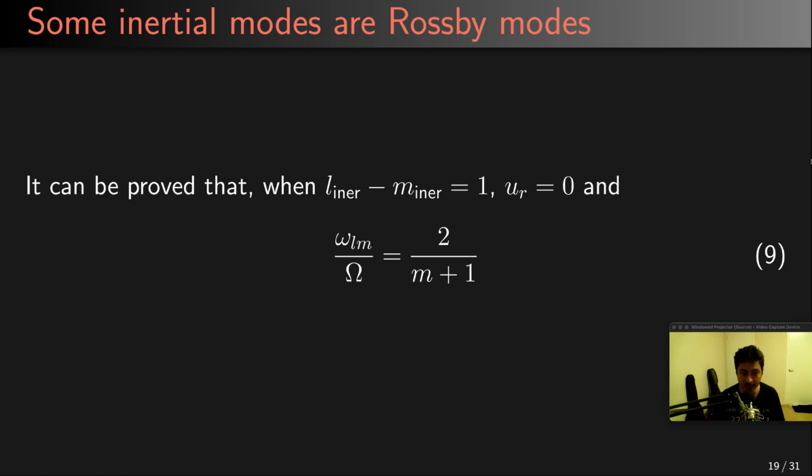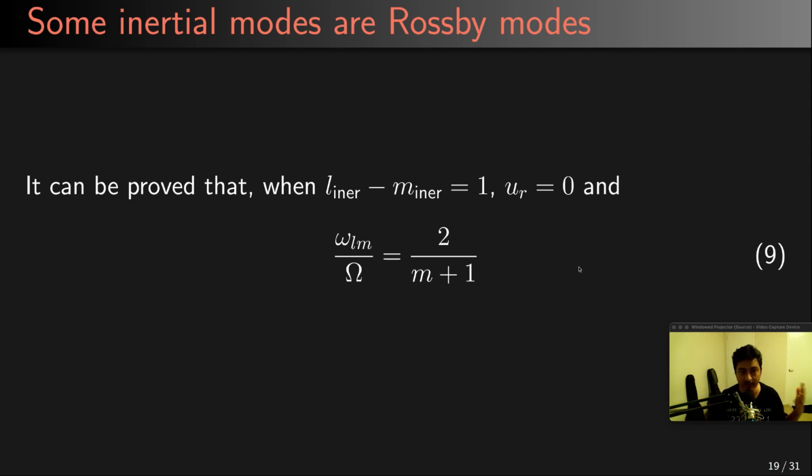However, some inertial modes, especially when the L and M of the inertial modes differ by 1, automatically satisfy the radial flow vanishing condition, and then you can obtain a slightly different dispersion relation of frequency dependent on M only now, because L is not independent anymore.